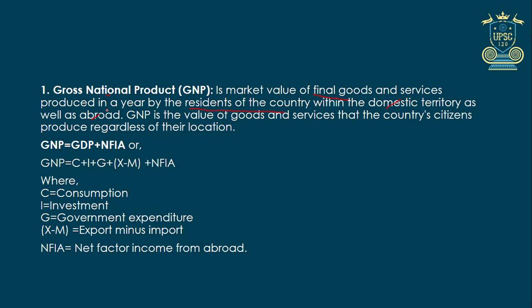So to put it in simple words, GNP is the total monetary value of final goods and services produced by Indians all over the world, whether they are working in India or abroad. All their goods and services which they produce, their monetary values are added, and we get gross national product, GNP.